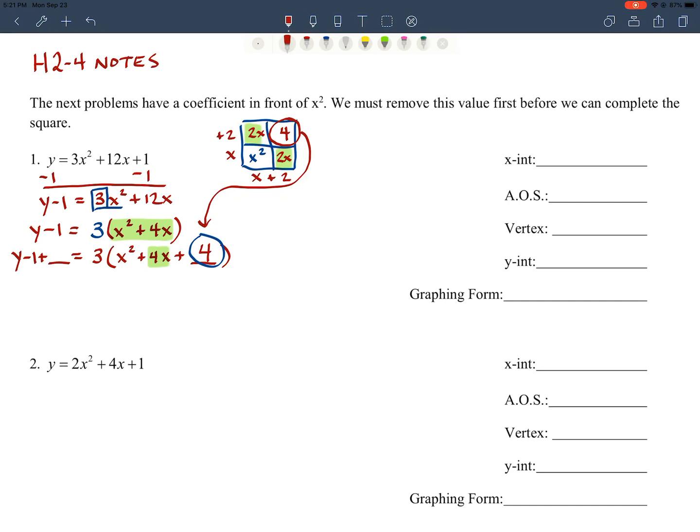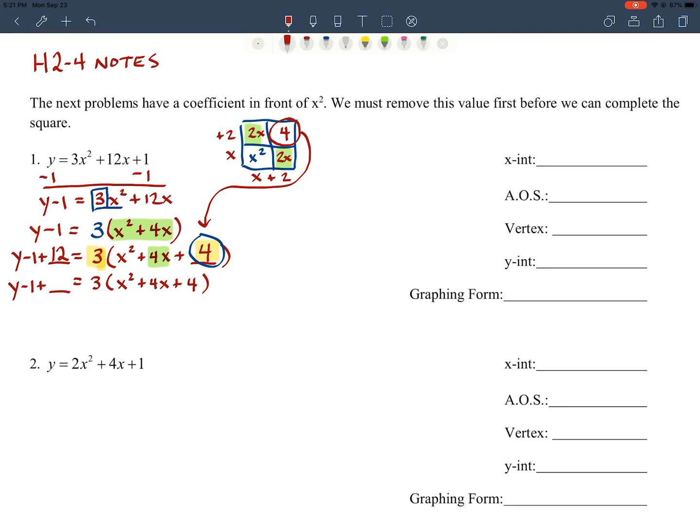So we've got here 3 times the quantity of x squared plus 4x plus 4, right? But on the other side, when we were adding it in, if I added a 4 right here, this entire expression that this 4 is in is being multiplied times 3. So what we've really added to the right side would be 12.